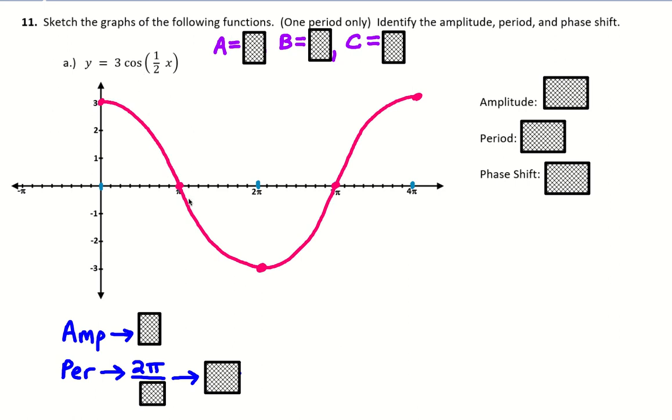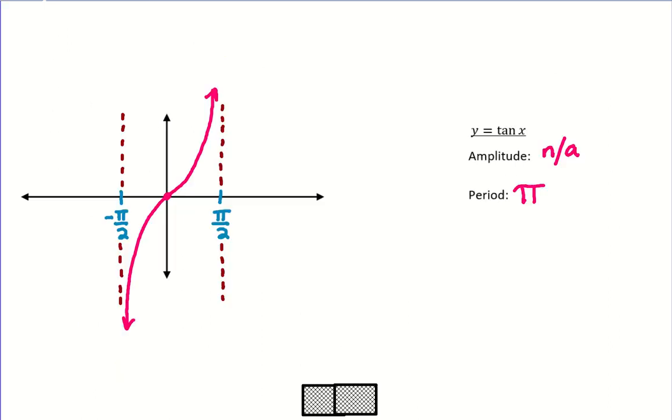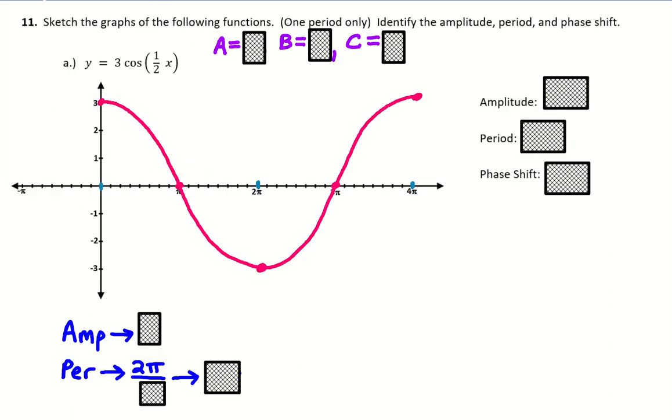And you need to know your basic shapes of sine and cosine. So anyway, you're going to have to know how to identify amplitude and period and phase shift. You're going to have to memorize this stuff, okay?